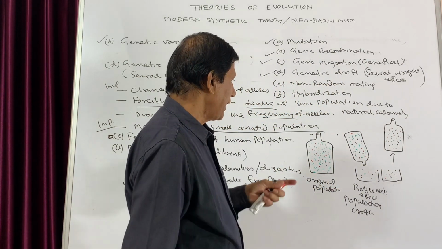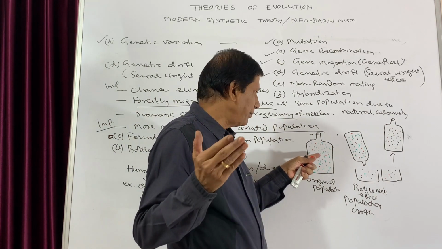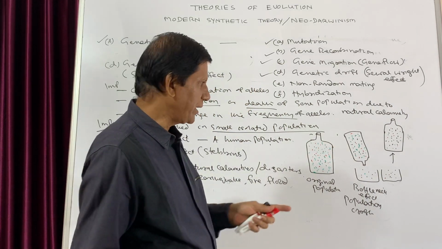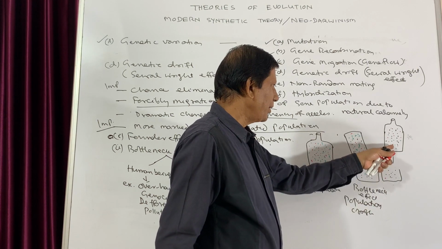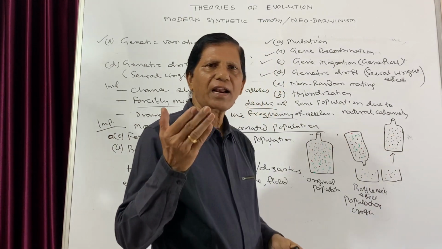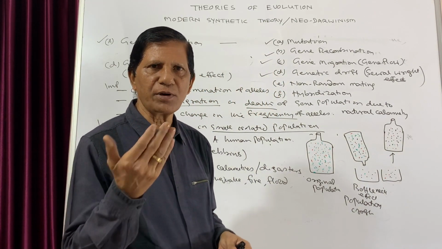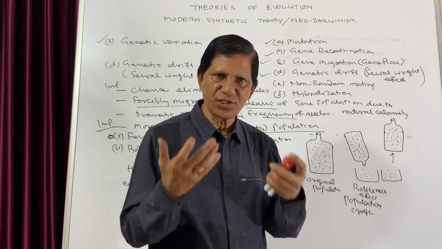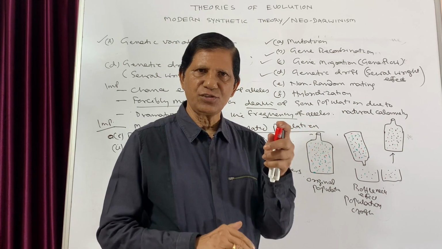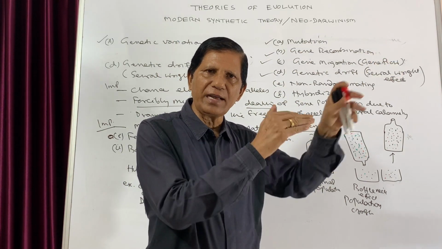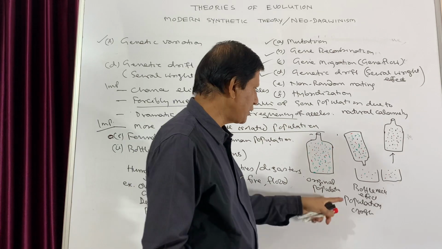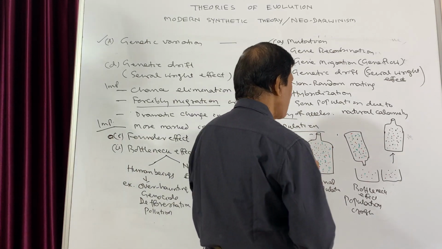Now you see, in the original population the individuals with the green color were more, but due to the bottleneck effect, now the individuals with the black color are more, and those of the green color are less. This is known as the bottleneck effect. That means when there is some disaster, some natural calamity, there is a cyclic change. Those who are in high number, their number may decrease, and those who are in low number, their number may increase. That means there is a population crash, and this is known as population plus.